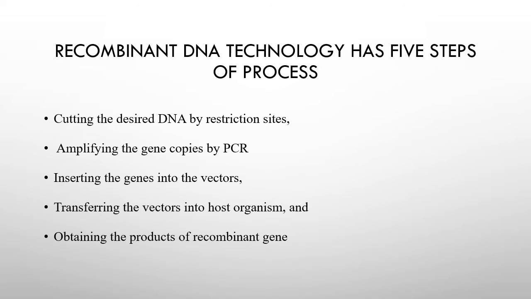And what are the steps in recombinant DNA technology? There are 5 steps or processes in recombinant DNA technology. Number 1 is the step in which we cut the desired DNA by restriction sites, and the other step is amplifying the gene copies by PCR.